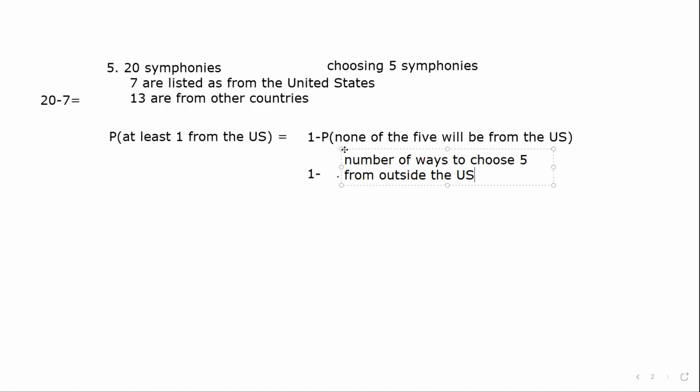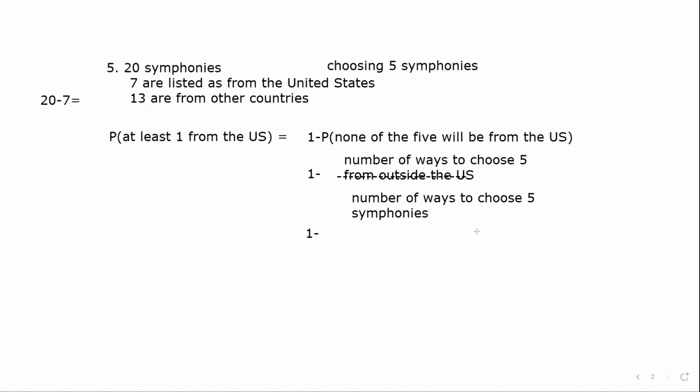The number of ways to choose 5 from outside the US over the number of ways to choose 5 symphonies. Okay, so this is going to be 1 minus. Now, let's think about this fraction. Let's do the bottom first.